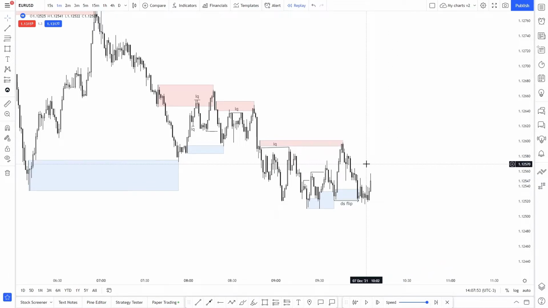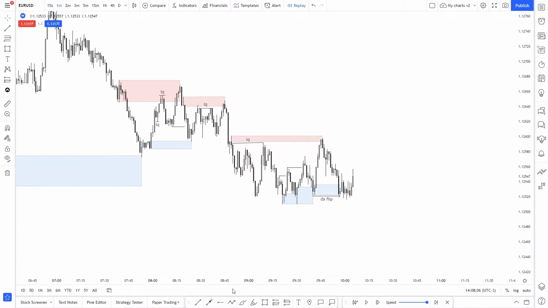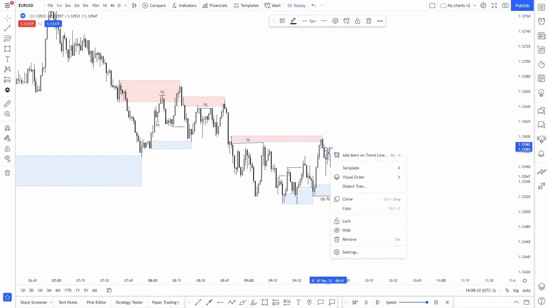It's a little bit tricky though. It's not really a good trade overall, but it did take a lot of liquidity from everything in the middle, right? And it has some inducement of some sort here. So does it make sense? Yes.